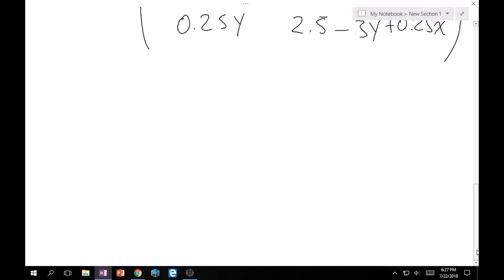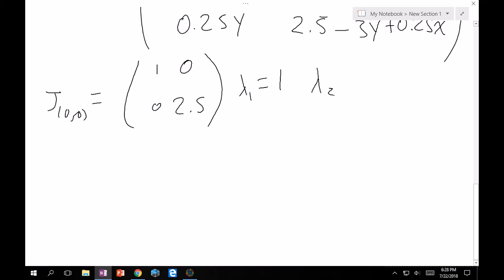So let's start with the origin. The origin is going to give me [[1, 0], [0, 2.5]], which means that lambda 1 is equal to 1 and lambda 2 is equal to 2.5. And so this is clearly unstable.